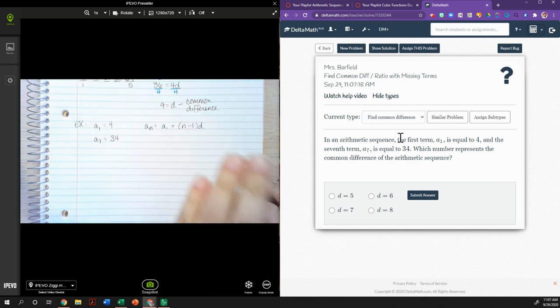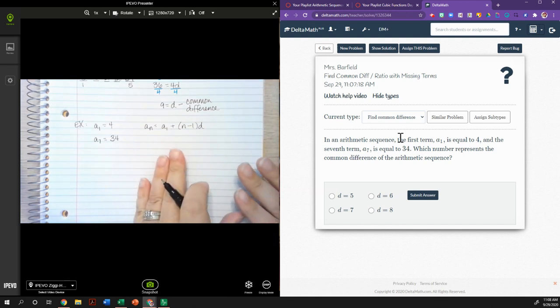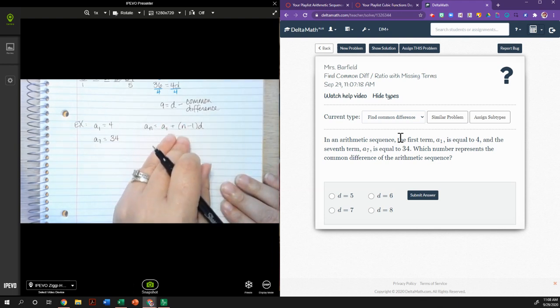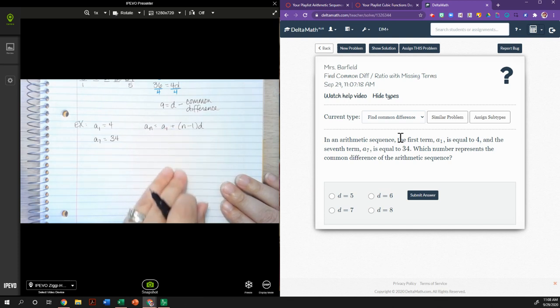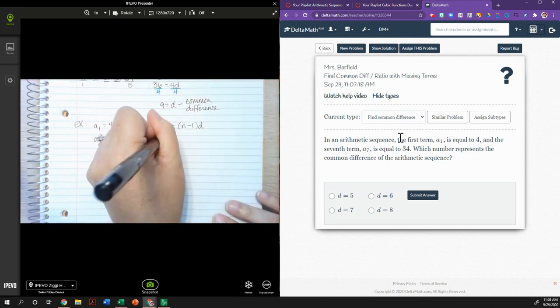I know some of you are thinking, why couldn't I do guess and check? You absolutely could, but for our exam at the end of the term, you actually do need to know this formula. So it's better for you to practice this formula as much as possible to help you commit it to memory. So we know a sub 1 is 4.